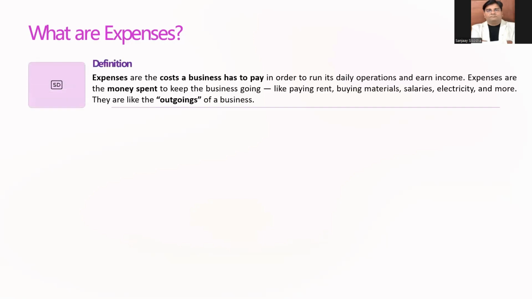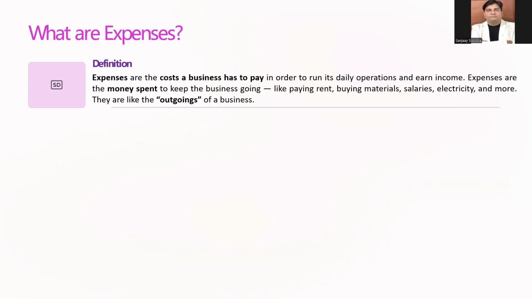Expenses are the costs a business has to pay in order to run its daily operations and earn income. Expenses are the money spent to keep the business going, like paying the rent, buying material, paying salaries, paying electricity bills, and so on and so forth. They are like the outgoings of a business.